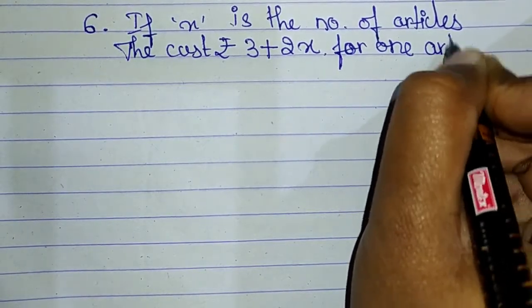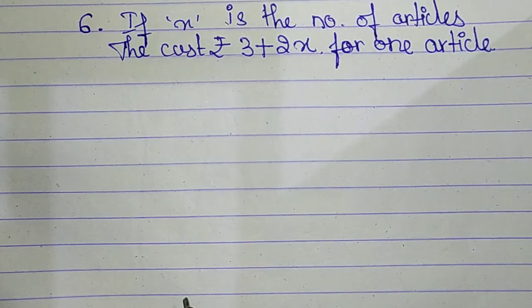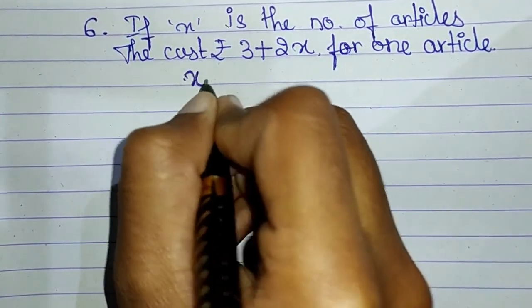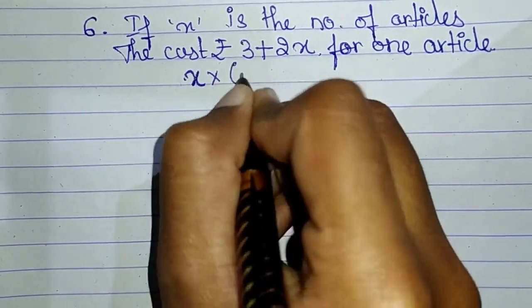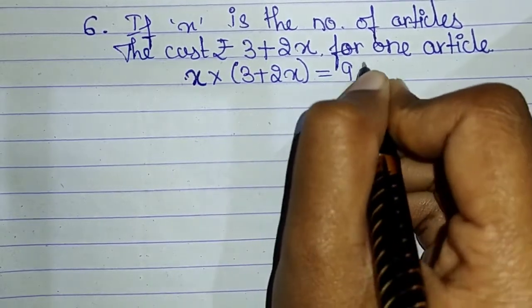Then the total cost was rupees 90. That means number of articles produced into the cost of each of these articles, 3 plus 2x, is equal to 90 rupees.